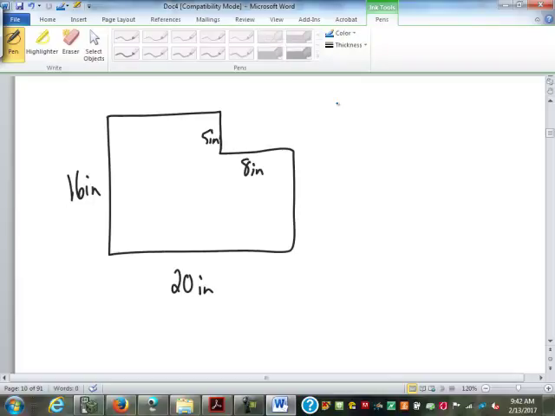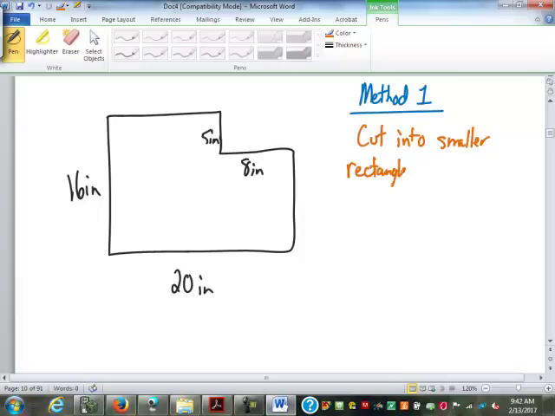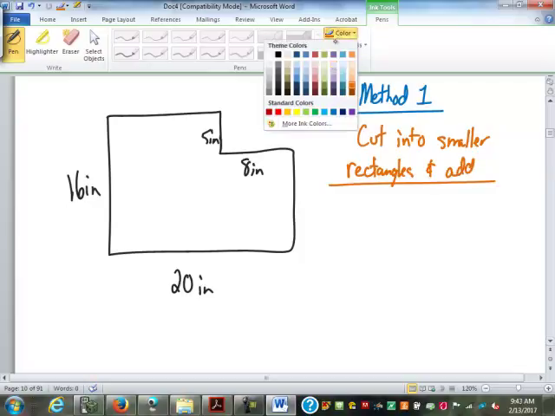To find the area of this, there are two methods. Method 1 is to cut it into smaller pieces, smaller rectangles, and add them together. So let's start out by doing it that way.